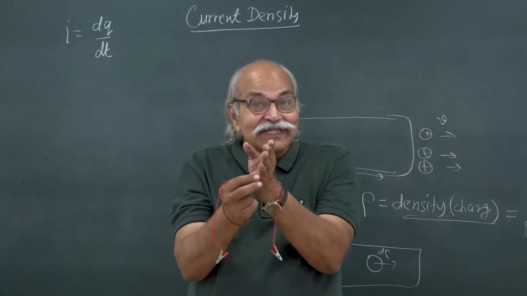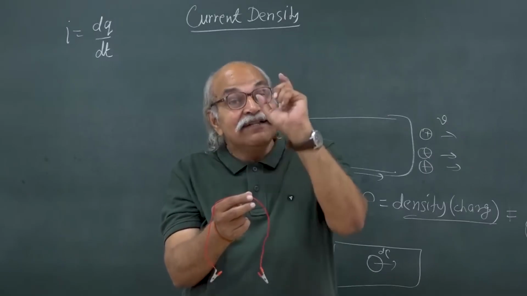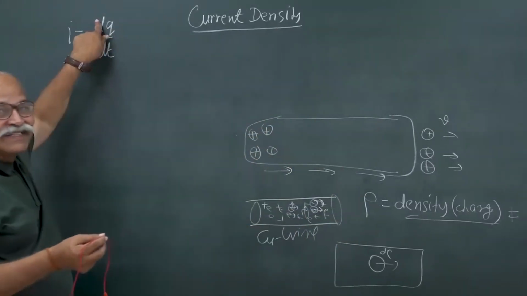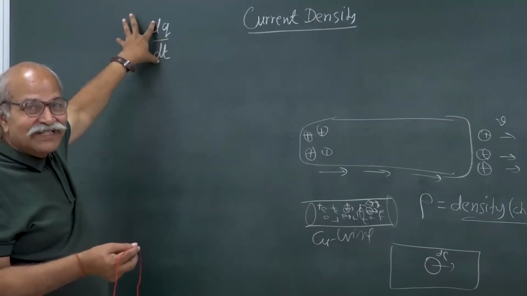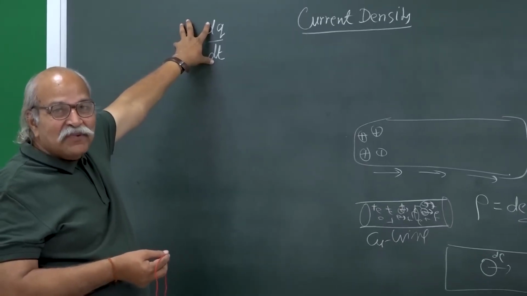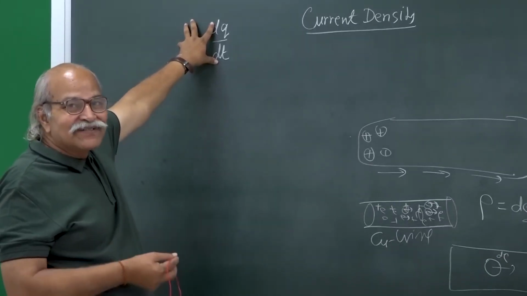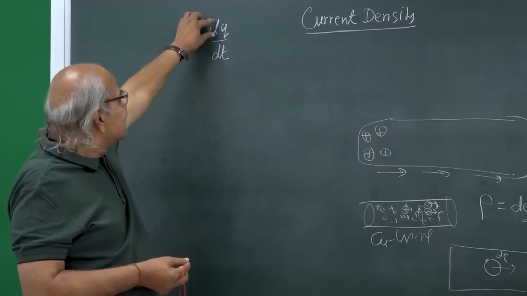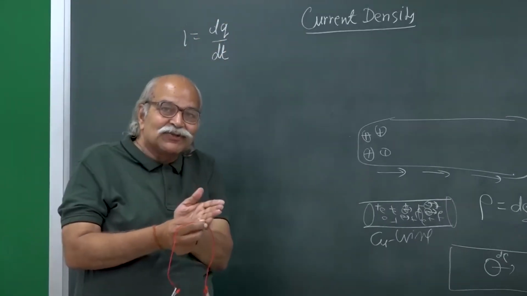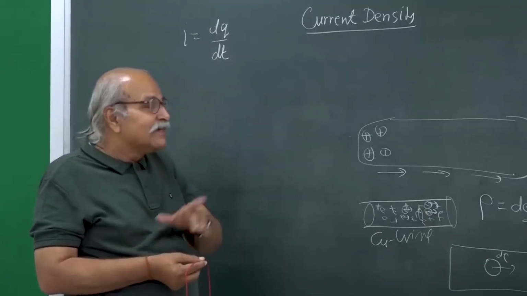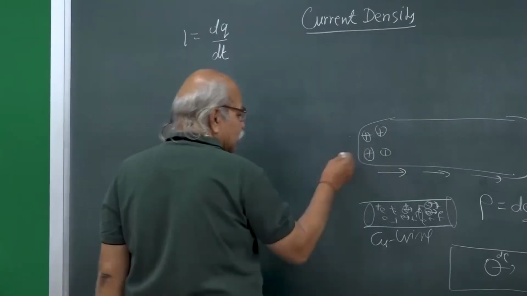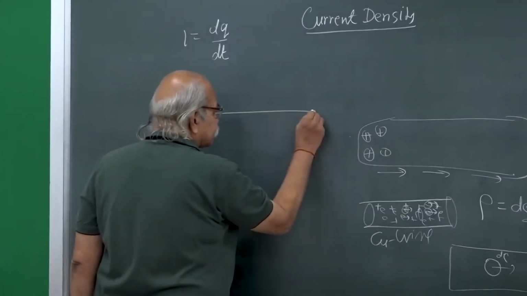So the charge which is crossing this area in time dt is this dq. Okay. Understanding the equation is very important. Remembering the equation is important, but more important is understanding the equation. So this dq is the charge which goes from one side of the chosen area to the other side in time dt, right?